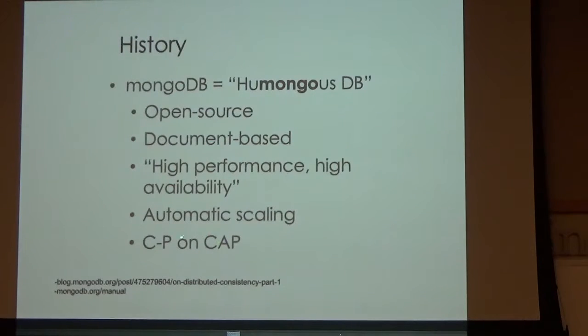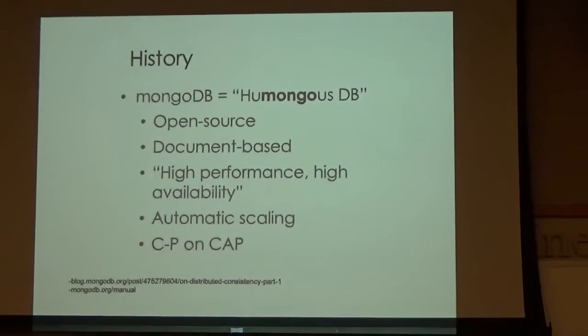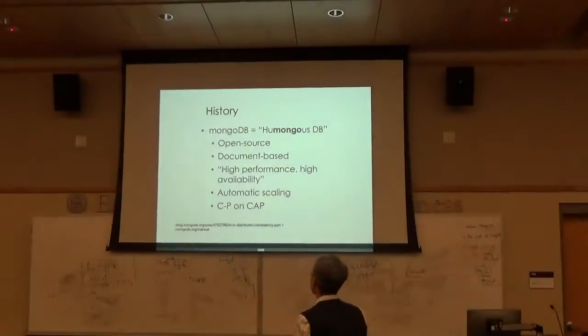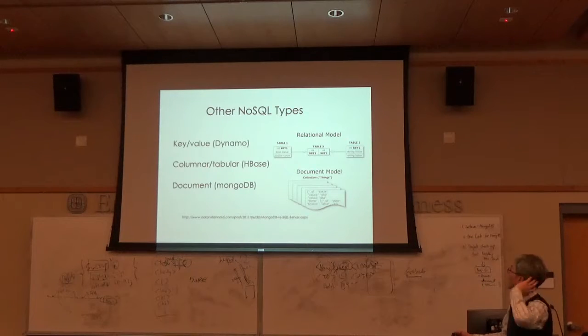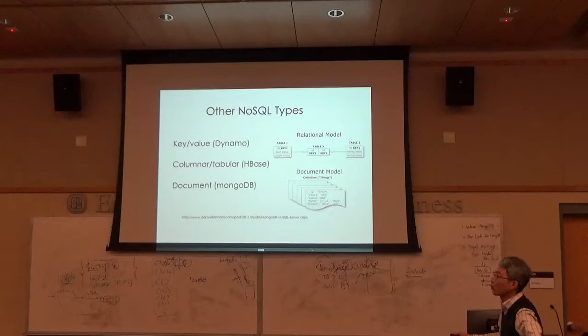Then MongoDB selects C rather than A, consistency, because even though it is scalable, the local partition is consistent. So in terms of the CAP theorem, this is the CP style database system. We already discussed DynamoDB and HBase, but MongoDB is one of the representatives for the document database, like the JSON format.